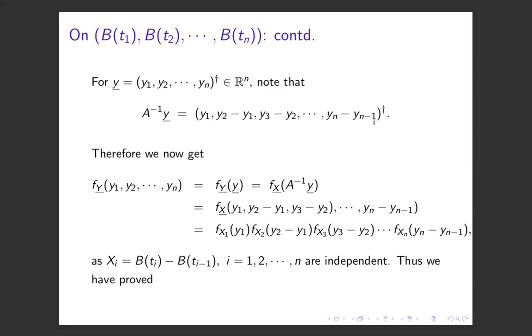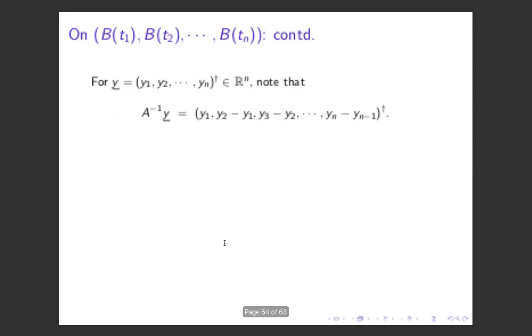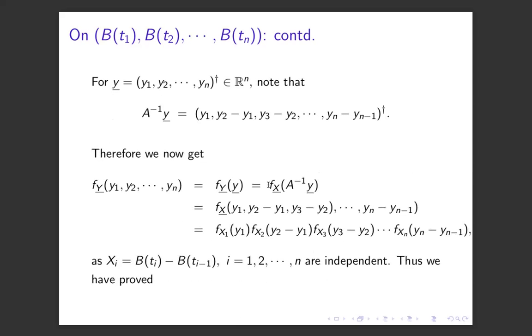So consequently, we now get from what we have seen earlier, f sub y of (y1, y2, ..., yn), which is of course f sub y of y bar, which by what we have mentioned is f sub x of A inverse y.